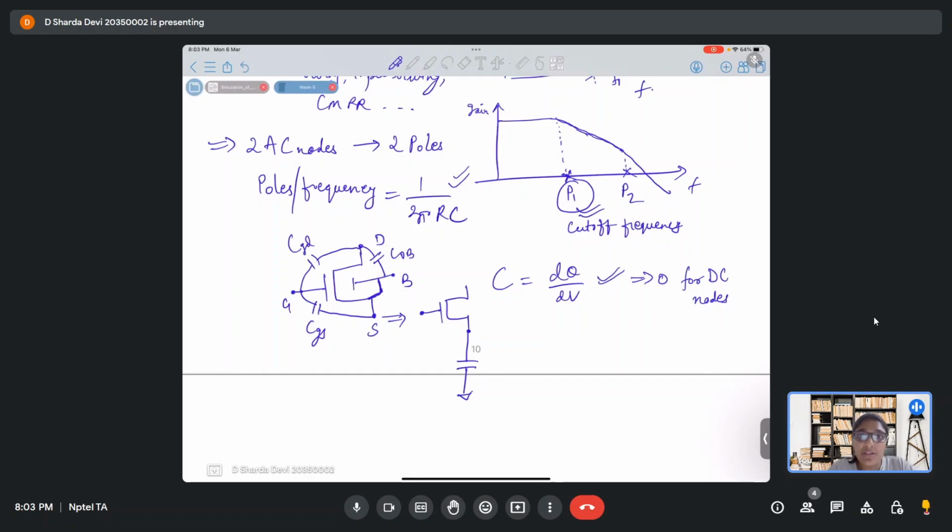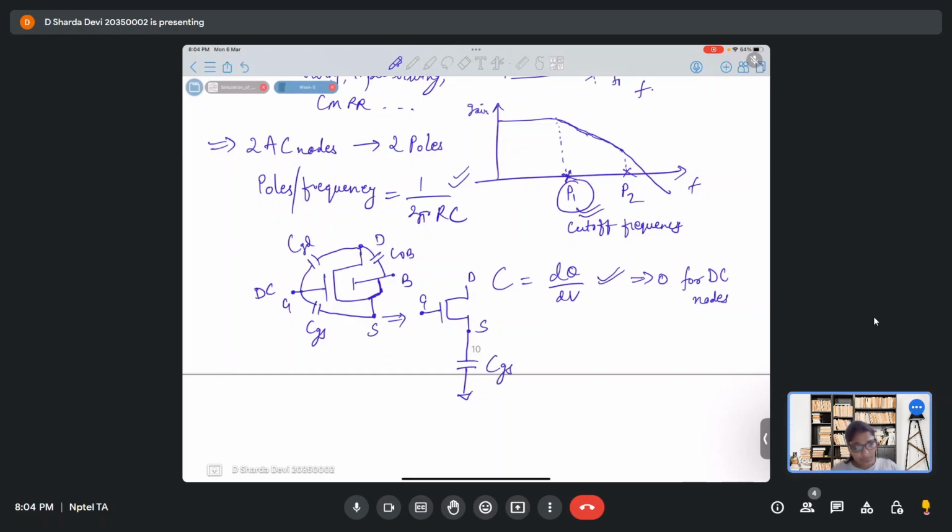We put all the DC nodes to AC ground, right? So that same thing comes into picture here as well. And this becomes CGS, CGD, if this is a DC node. Clear? Yes, ma'am. समझ में है?